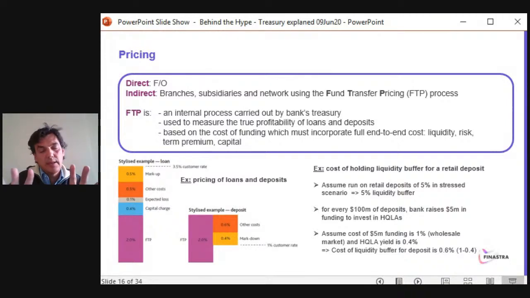And FTP is quite a complex process, because when you think about deposits, you never know for how long you will have them. You need a kind of replication curve to price it and to imagine what the cost of those deposits is if there is an interest rate. So that's a very interesting and complex process, FTP.